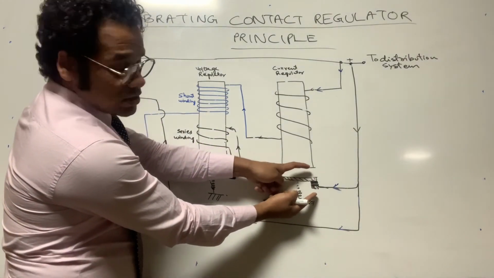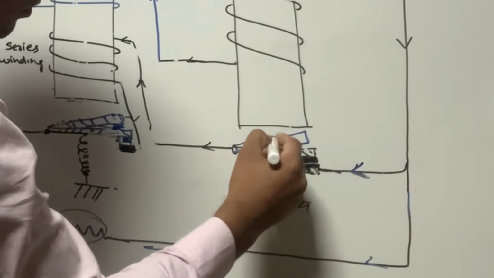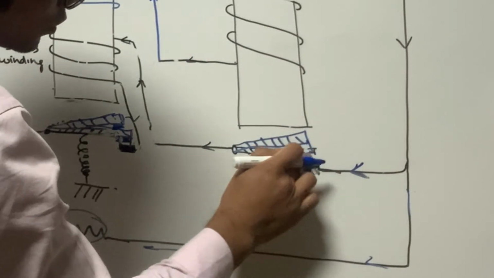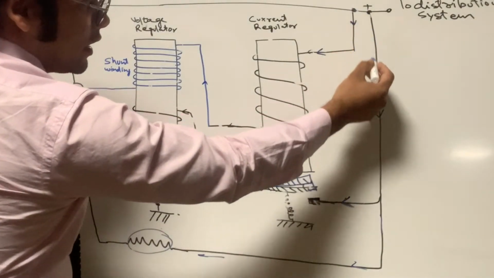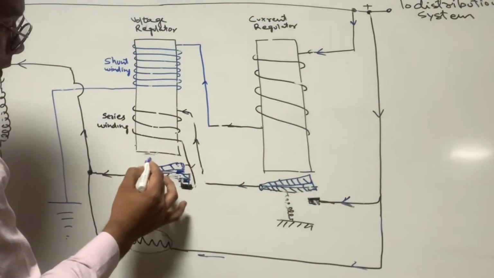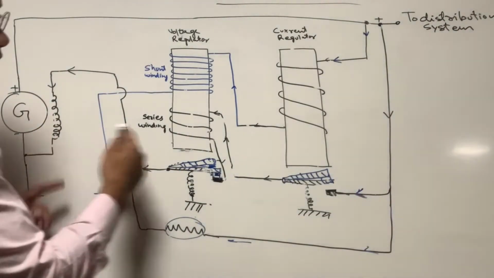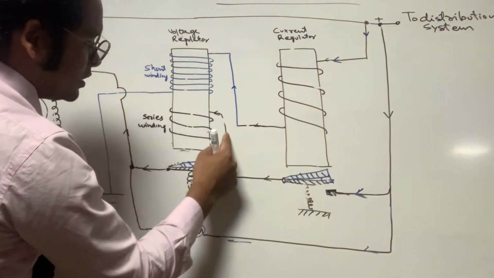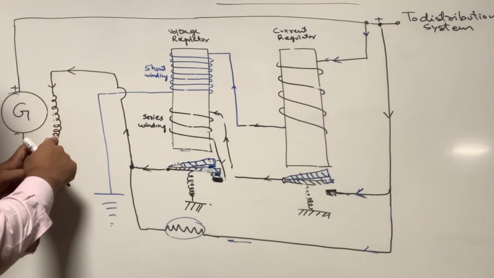Once the contact has opened, the current cannot follow this path now. So whatever current was coming from here and given to the field winding of the generator cannot follow this path. That means the current in the field winding will collapse.